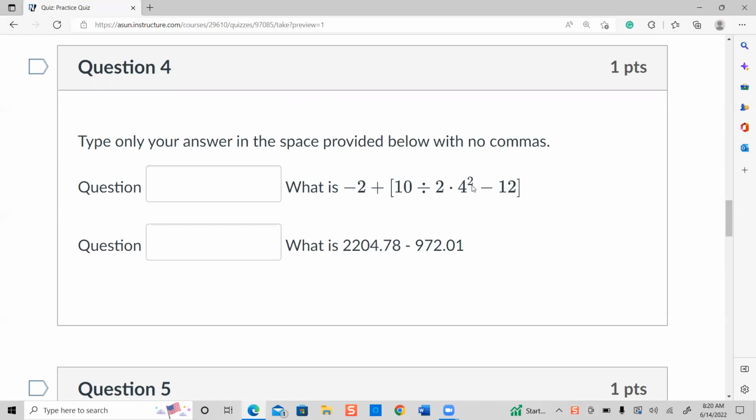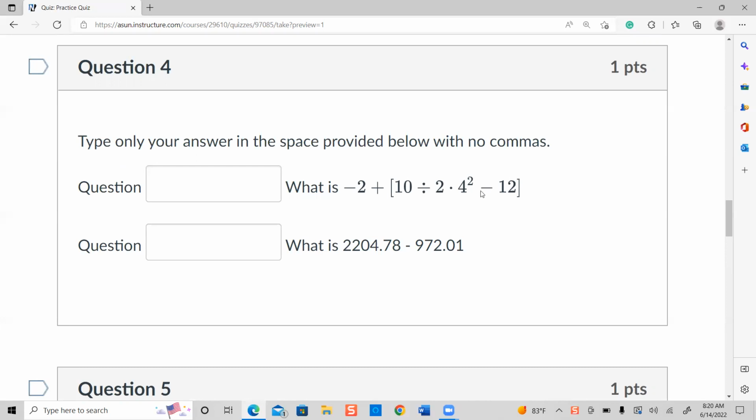And then the next set would be multiplication and division. Well, we do multiplication and division based on reading left to right. So I notice division comes first. So I'm going to do 10 divided by 2, right? And then I'm going to multiply it by that 4 squared. So when I do that, I got 10 divided by 2, which is 5. And then I'm going to multiply 5 times 4 squared, which is 16.